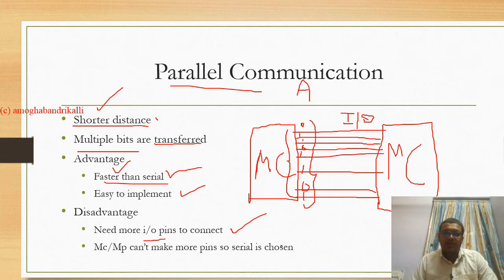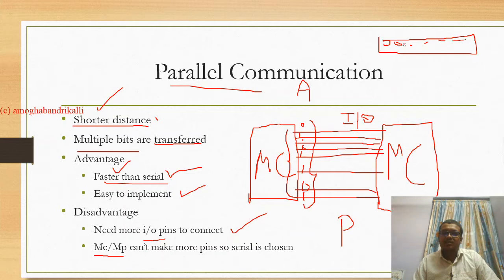Whenever we implement a microcontroller or a microprocessor, this many IO pins cannot be sustained in the manufacturing sector. Initially in printers, you would see these kinds of structures, with around 20 to 25 pins.